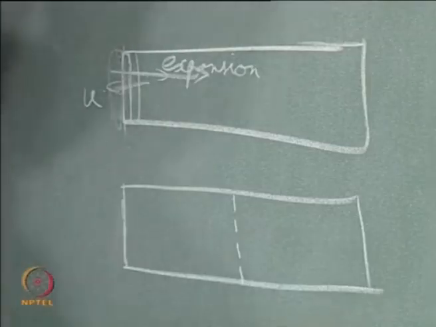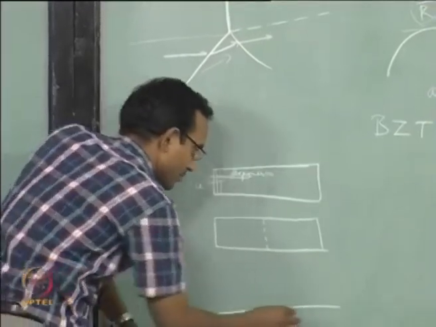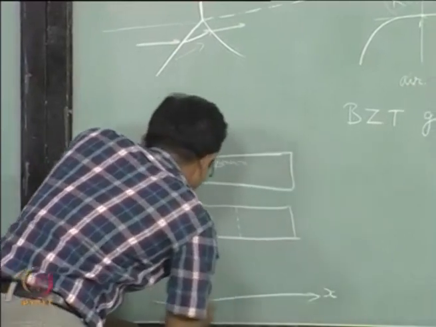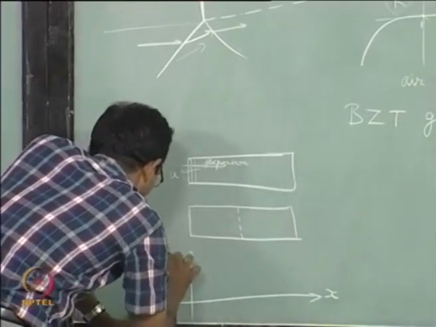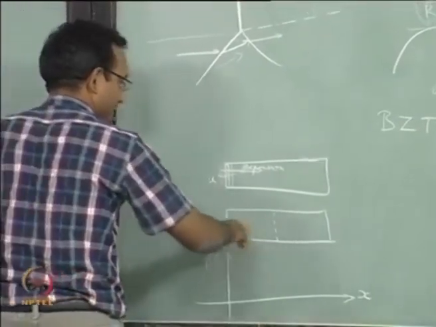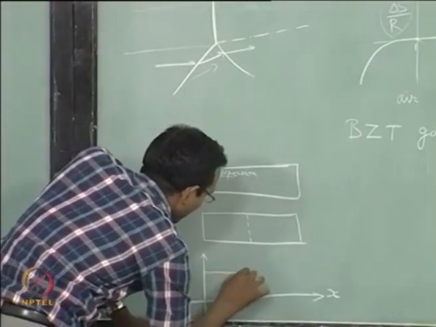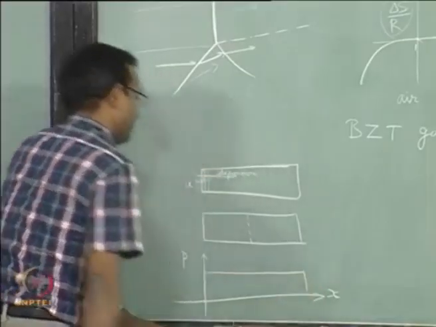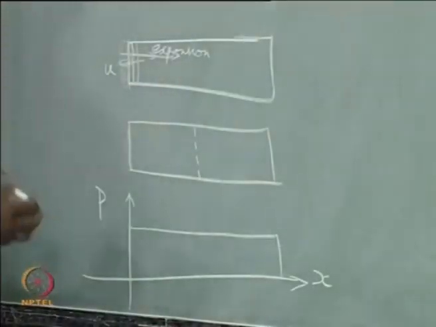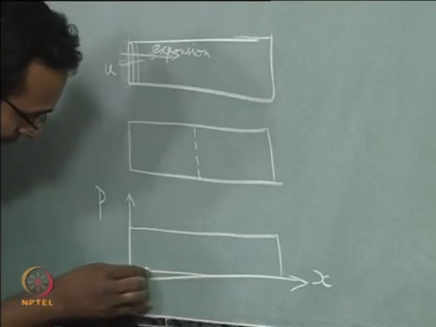If I draw, let us say, this is my location and this is my pressure. If I plot along inside this box, then initially at time t equal to 0 it was all constant pressure. Pardon my axis, it should be all straight.